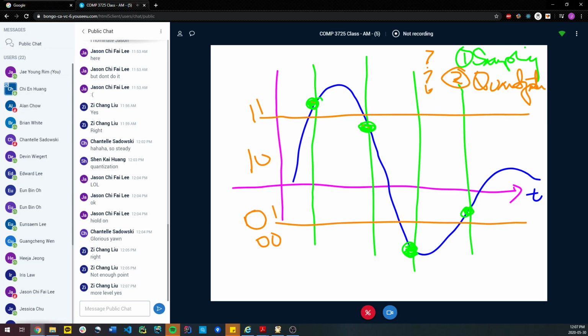Then this point is going to be denoted by simply 1, 1. This is 1, 0. This is 0, 0. And then this is 0, 1. So what's transmitted at this level of quantization and sampling are the bit streams 1, 1, 1, 0, 0, 0, 0, 1.